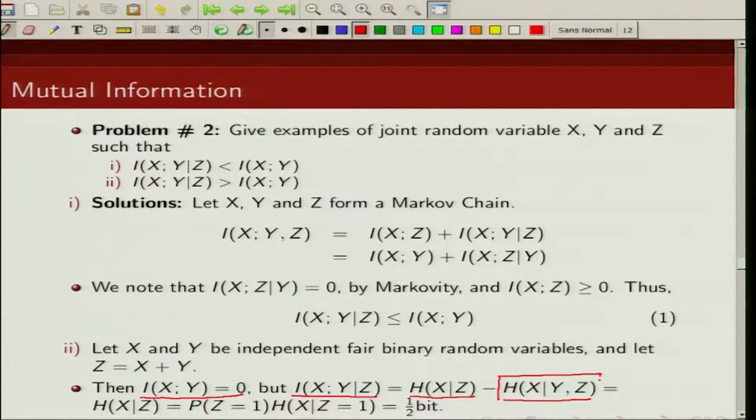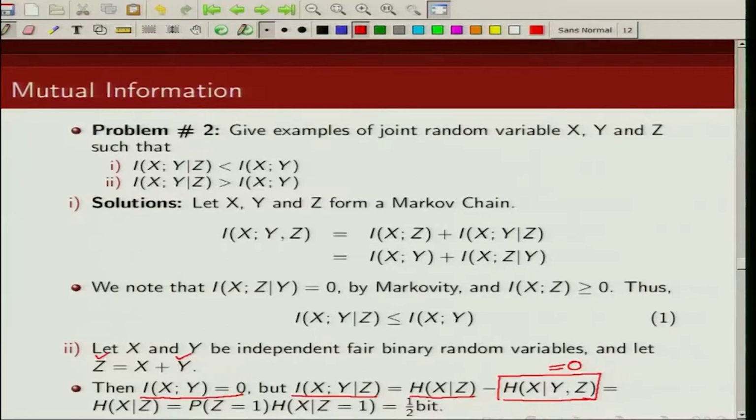Let us first look at the uncertainty in x given y and z. If y and z are given, clearly x is also known. So, there is no uncertainty in x if y and z are known. So, in this particular example, this term will be equal to 0.